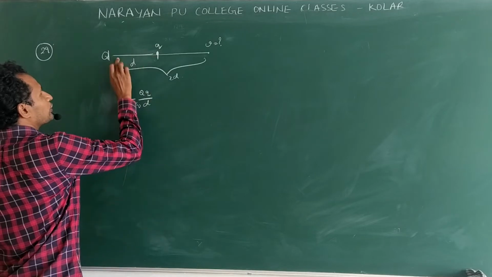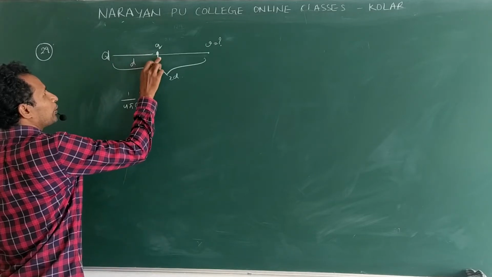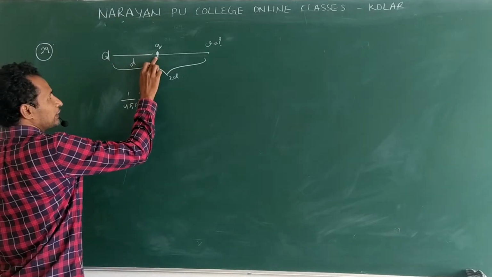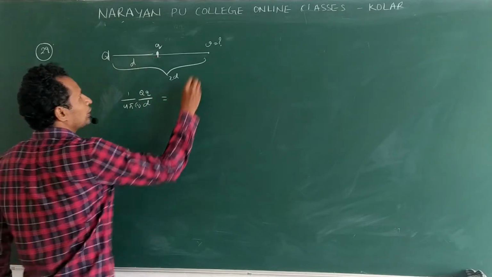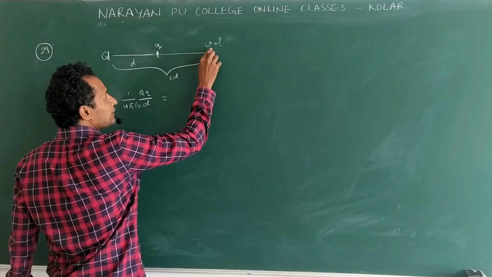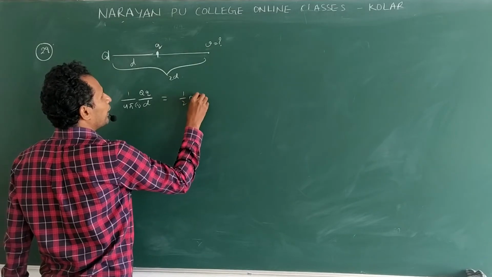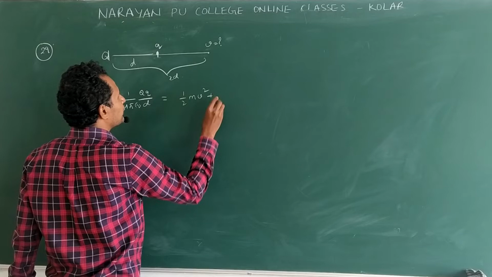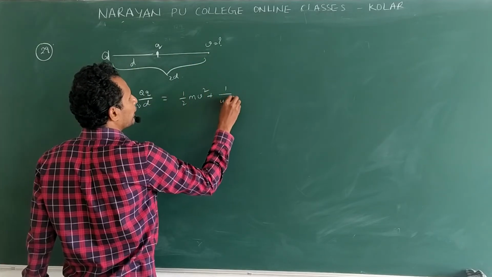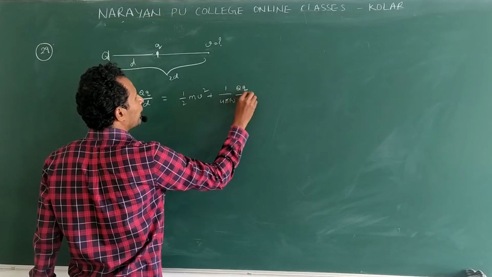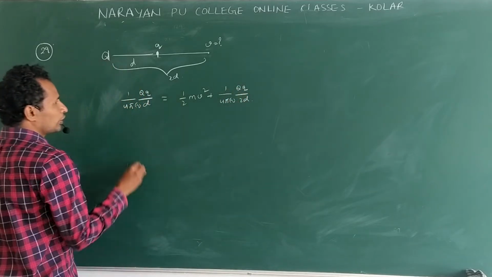Clear? They fixed it. So initially this particle has no velocity, it is at rest, so no kinetic energy. Here it has kinetic energy, so half m v square plus potential energy at this point, 1 by 4 pi epsilon naught Qq by 2d.